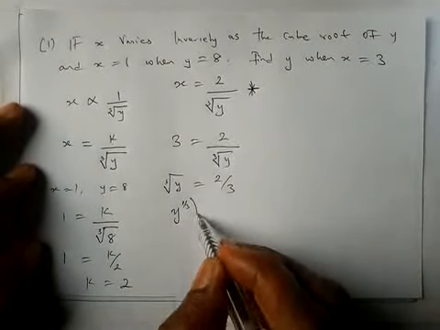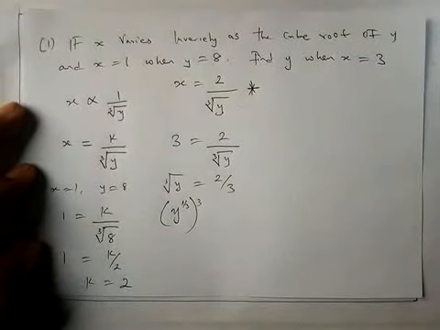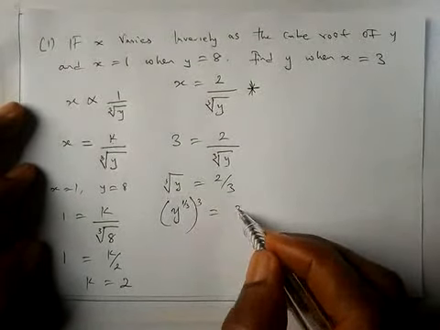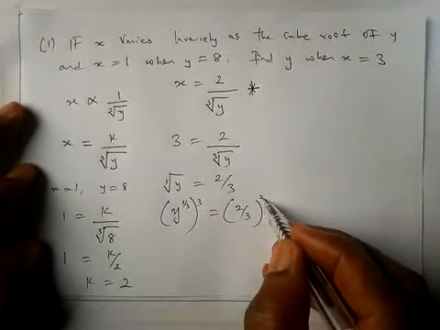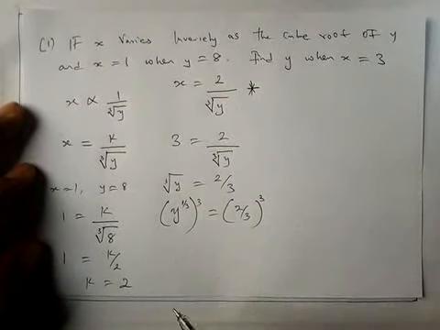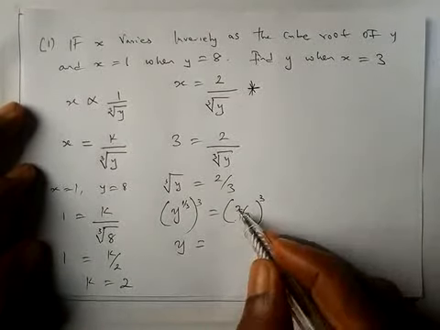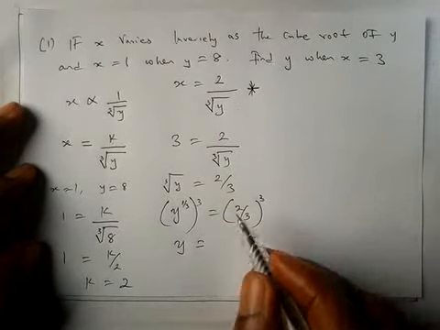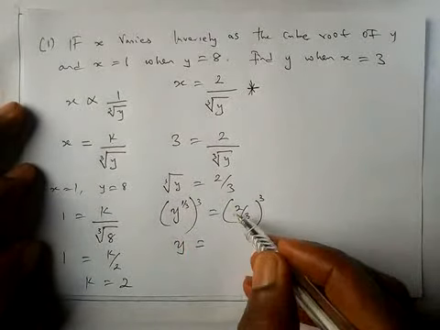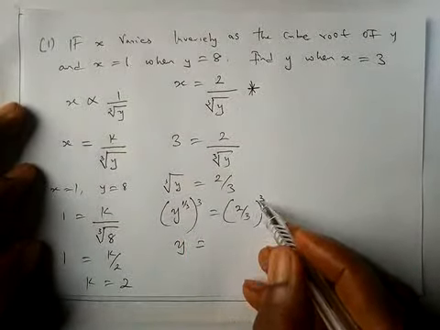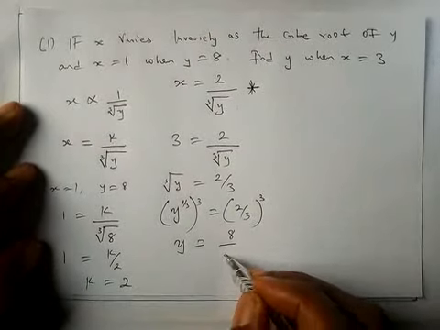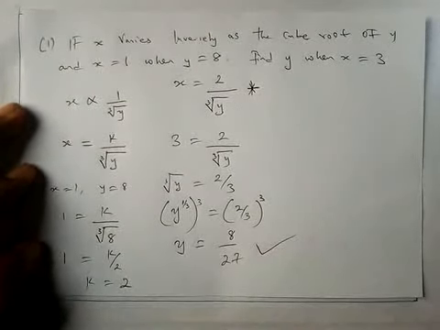So to remove the cube root, you raise to the power of 3, and you do the same to this side. So y is equal to the cube of this. 2 cubed is 8, 3 cubed is 27. So y is 8 over 27.